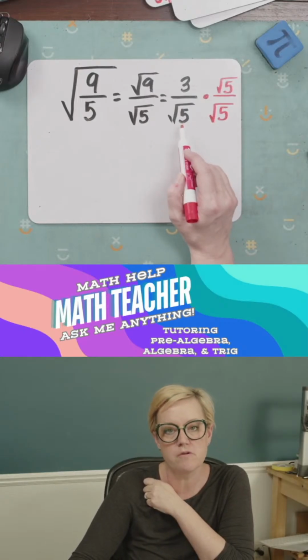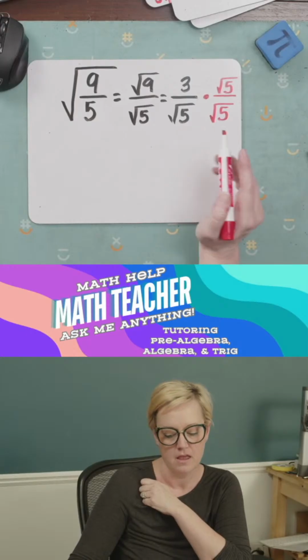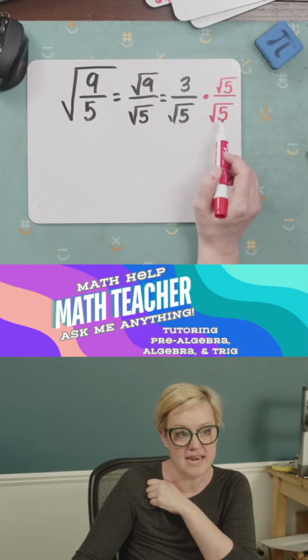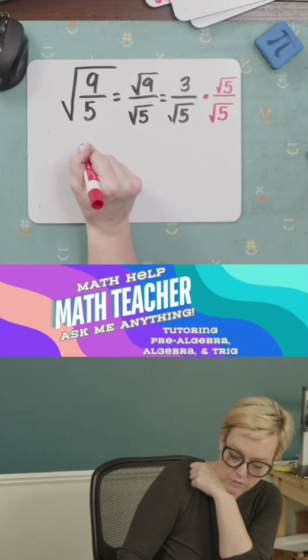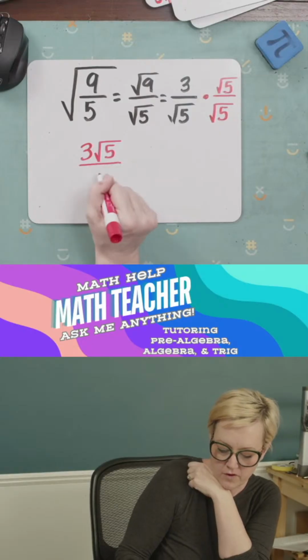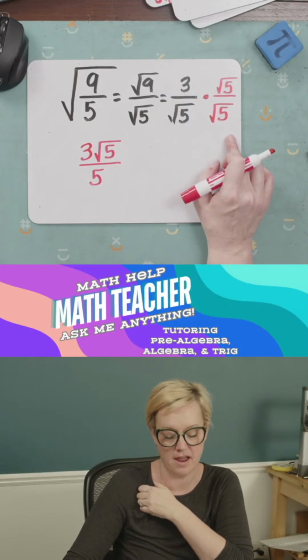Because right now, square root 5 is an irrational number. It's not rational. But if I multiply it by the same root, now I've got 3 root 5 over 5, because square root 5 times square root 5 is 5.